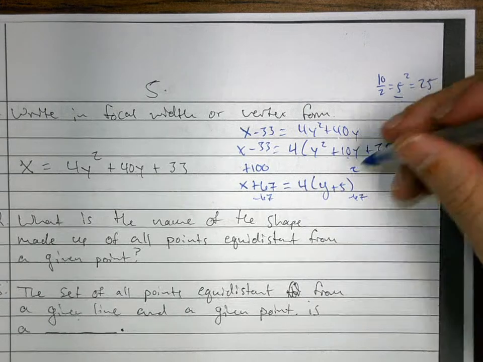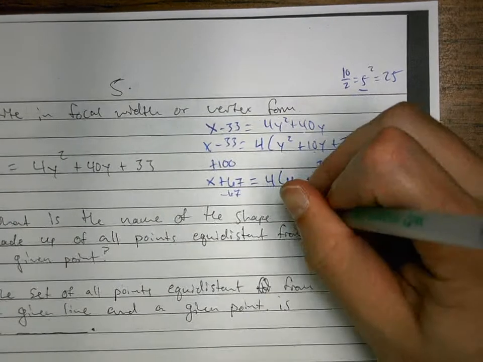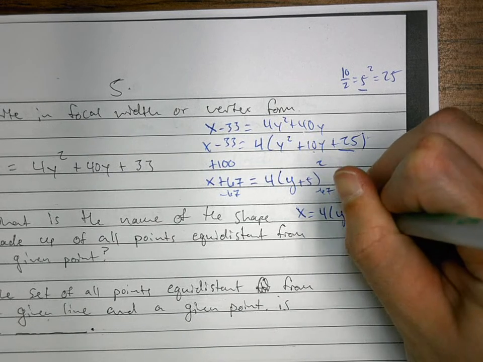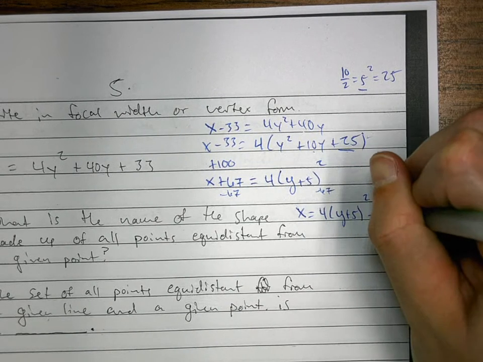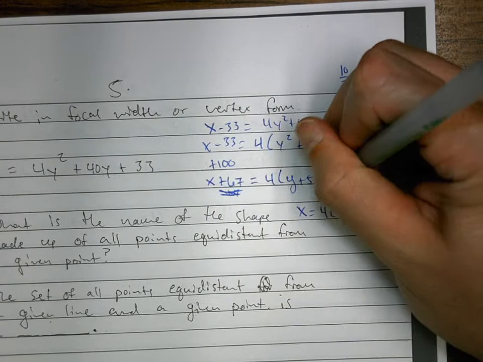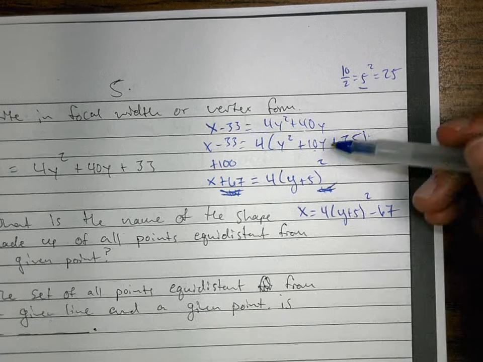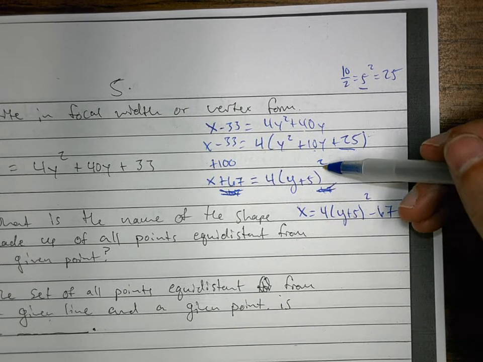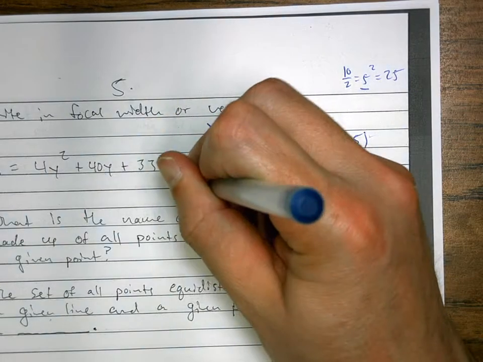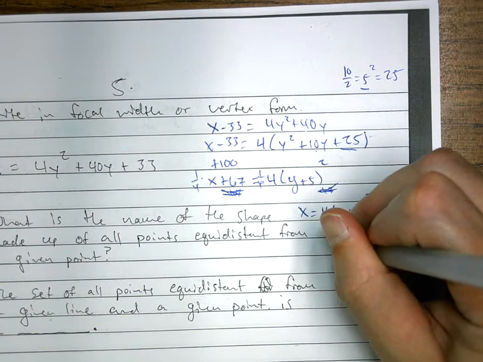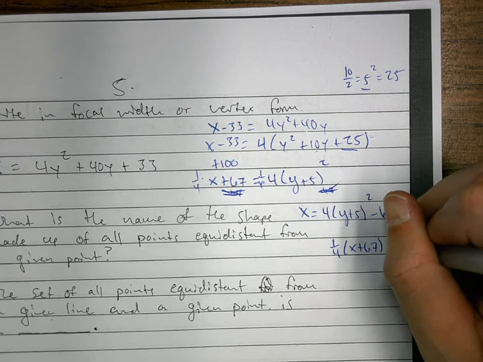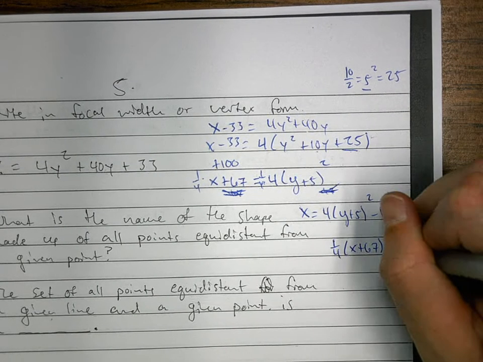So my final answer would be x equals 4 parentheses y plus 5 squared minus 67. If instead I wanted to put it in focal width form, I need to get the squared term by itself. So I would multiply both sides by 1/4, and I would get 1/4 x plus 67 equals y plus 5 squared.